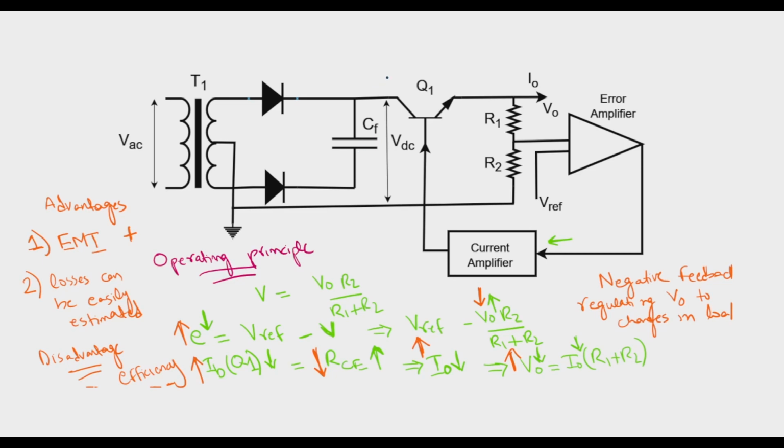The biggest issue when it comes to efficiency is the drop across the series pass element. So in order for this circuit to operate, there should be a drop across this transistor, which is VDC minus V naught. In order for the current to flow through it, there should be a positive drop VDC minus V naught, which is called the headroom.